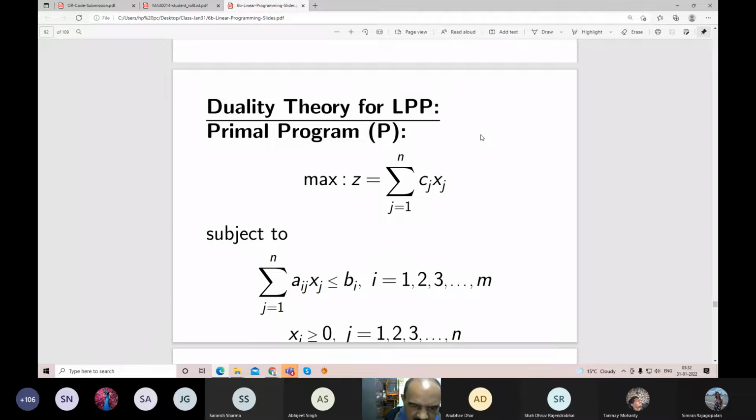Now you will ask me, sir, how have you derived the dual? There is some mathematics, so we'll discuss that. How I have derived it: you know the method of Lagrange multiplier. In Mathematics 1 you have learned the method of Lagrange multiplier. Nowadays, due to the COVID problem, some sections and topics are covered and some are not.